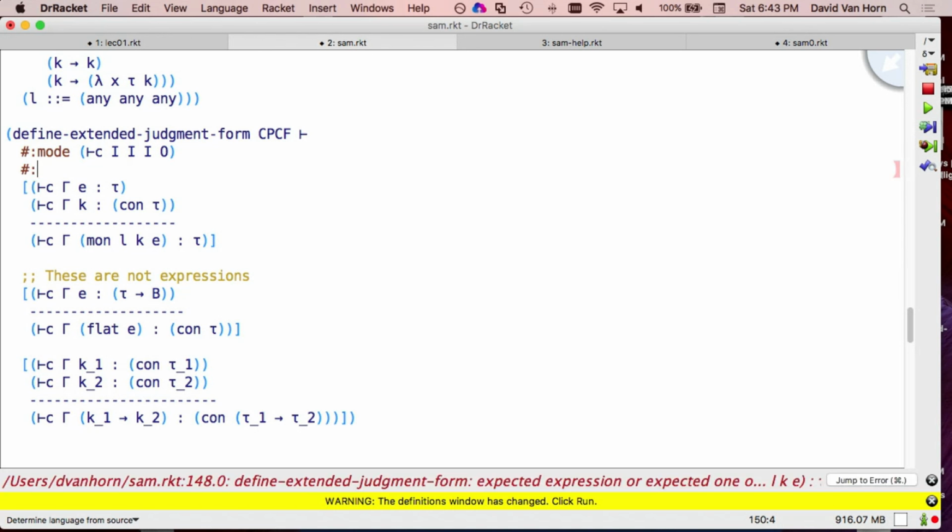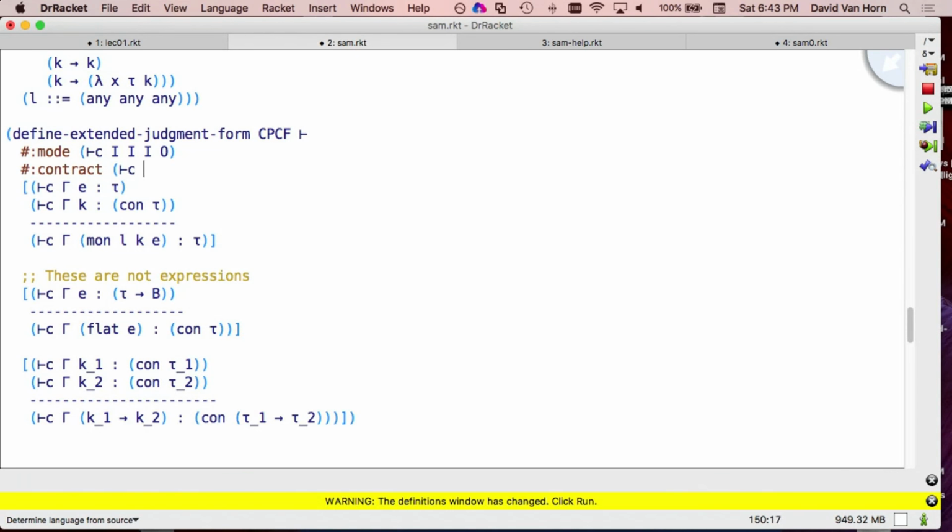But if we had actually declared the contract that Sam wrote here, we would get errors. So it would catch things like that, because there are places where that thing is not a contract. All right, any other questions?